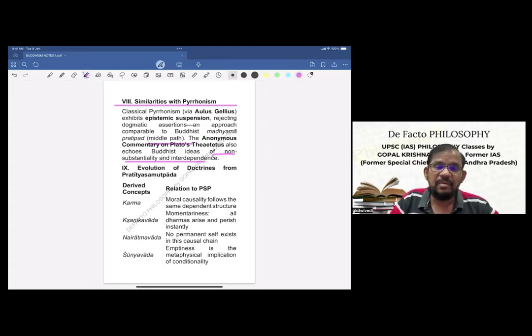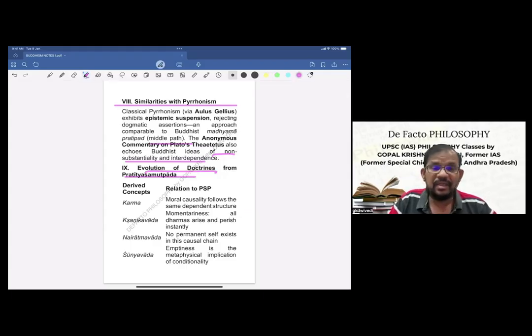Now, the evolution of the doctrine of Pratityasamutpada, how it has evolved, that also let us see. Now, derived concepts: karma, Kshanikavada, Anatmavada, Shunyavada. So all these are related to Pratityasamutpada. That also we should see, because Pratityasamutpada, as I already told earlier, is the basis of almost all the doctrines of Buddhism. So karma, moral causality, follows the same dependent structure.